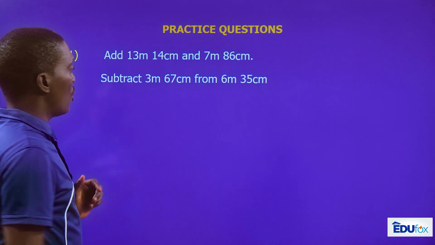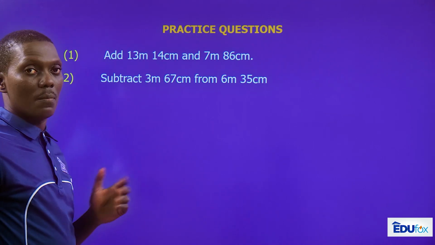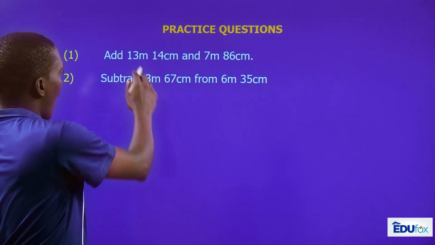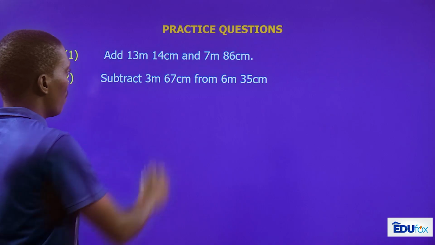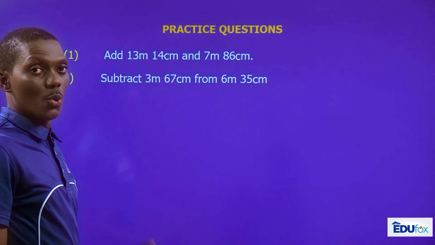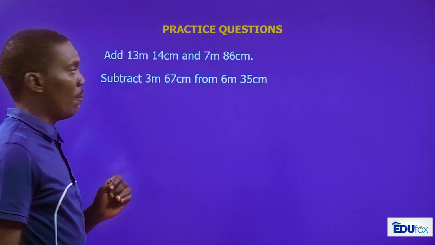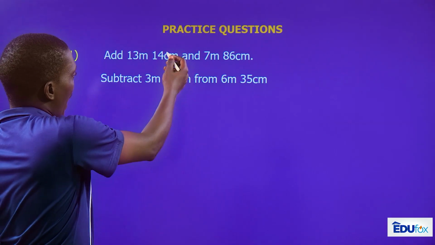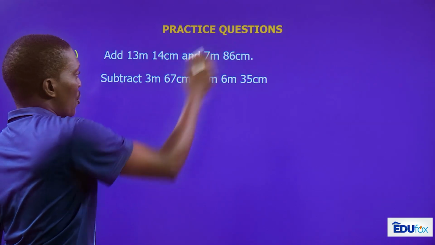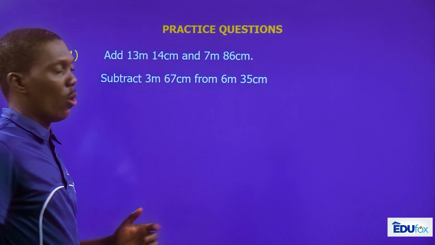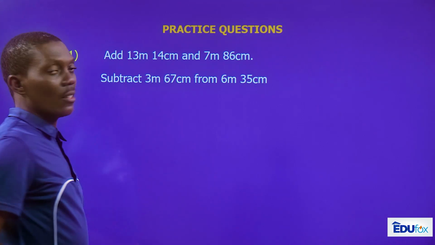Now, you can use these 2 questions to practice. The first one says, add 13 meters 14 cm to 7 meters 86 cm. So again, you start by adding the centimeter parts together, making sure your answer is less than 100.